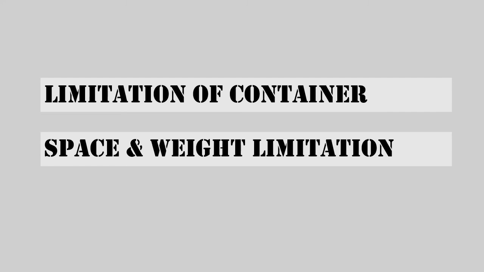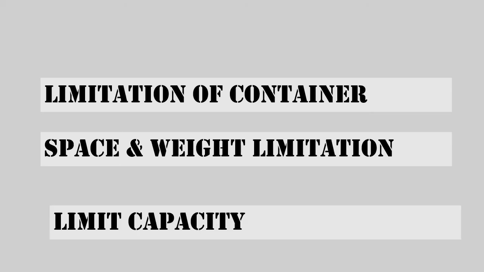In this classroom today, I would like to inform you on the limitation, especially weight and also space limitation for each container. In these two types of boxes, we have limitation in terms of weight and space, which limits our capacity to load cargoes into these containers.